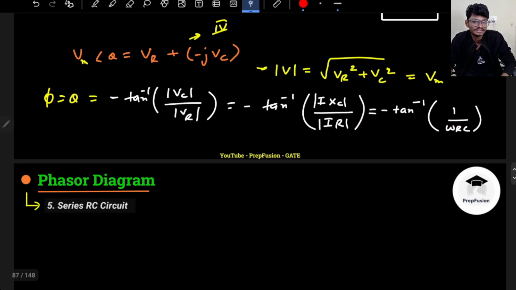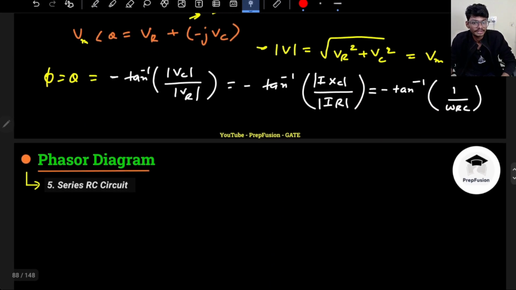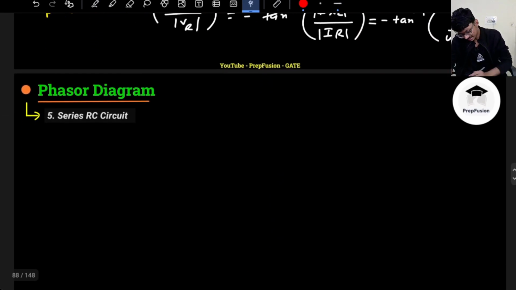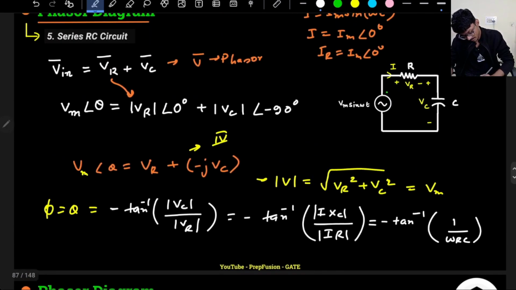But what is your impedance angle? So Z will be equal to what? If I write this equation, this is my resultant input voltage V in, and this will be I into R plus I into Xc. Xc is what? 1 by j omega c, correct?